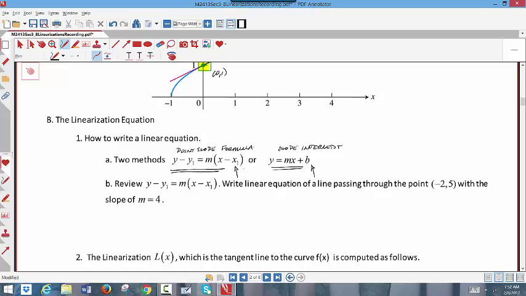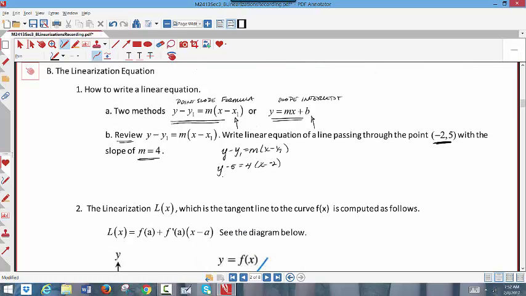So just a real quick review in applying the point slope formula. If we have this point slope formula and they want me to write an equation, and your equation is passing through the point -2, 5 with a slope of 4, then your 4, of course, is your m, your y1 is your 5, and your x1 is your -2.